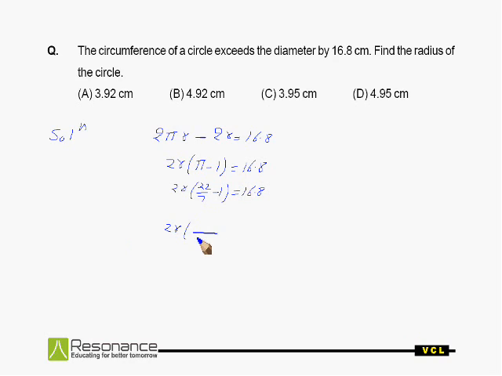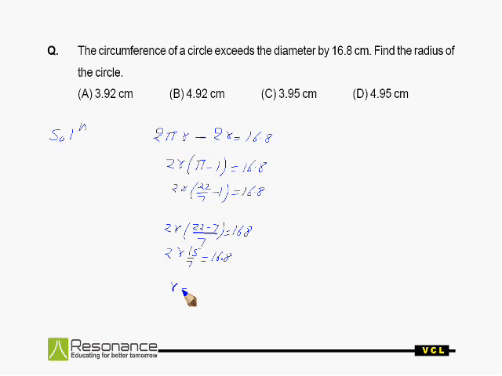By taking the LCM 7, we get 22 minus 7 upon 7, so 2r times (22 minus 7), that is 15 upon 7, is equal to 16.8.